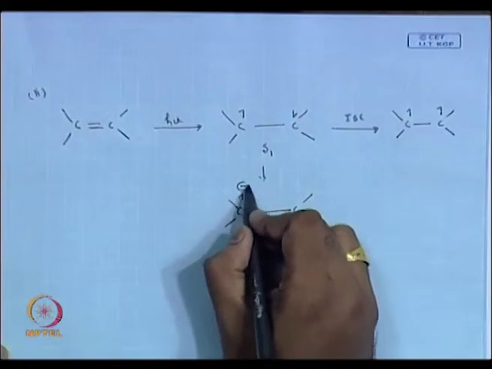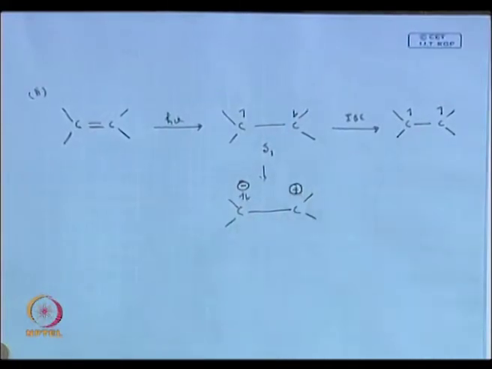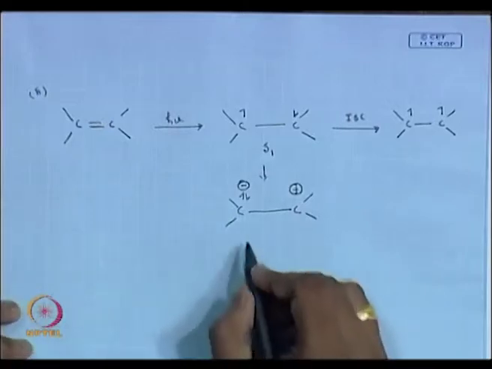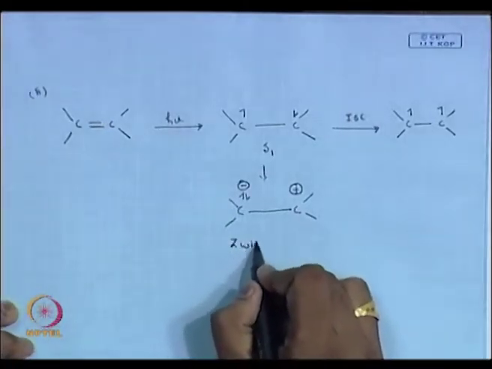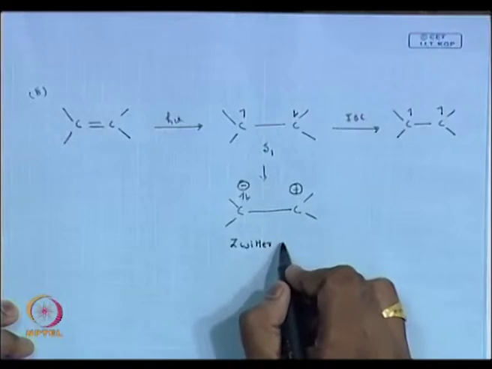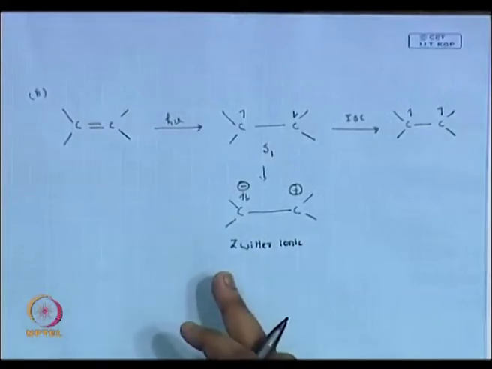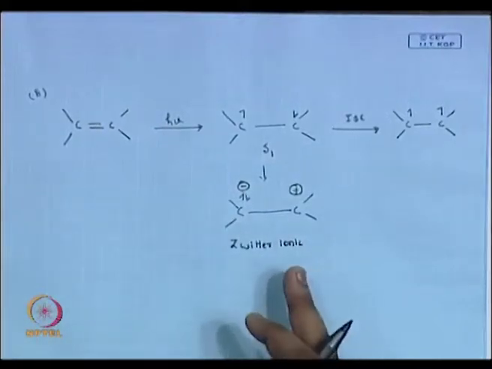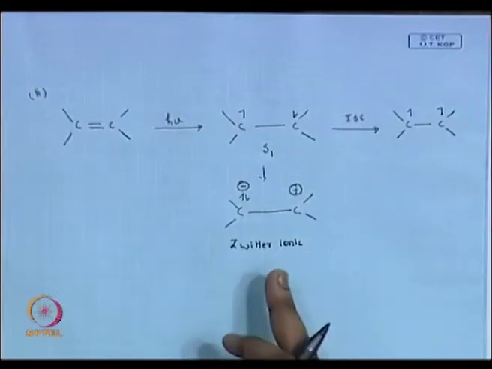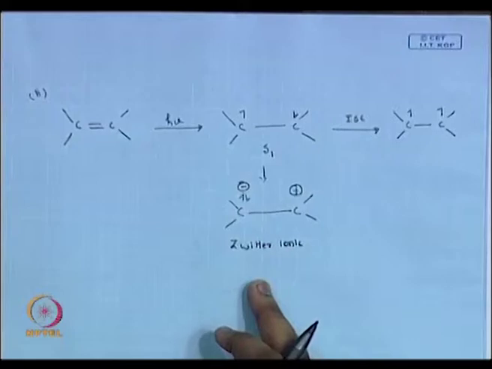So, how does it look? What you normally call a system which has a negative and a positive end is zwitterionic. That is very important. This chemistry particularly clearly differentiates your singlet and triplet. When you are talking about an alkene in a singlet excited state, any chemistry should work as zwitterionic.